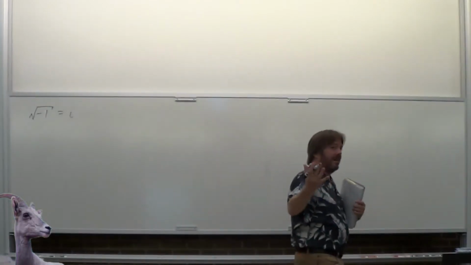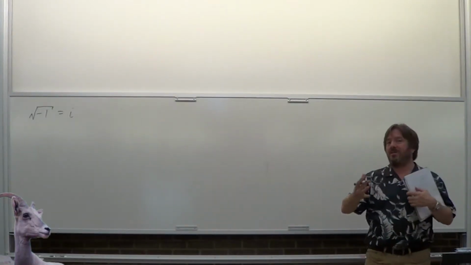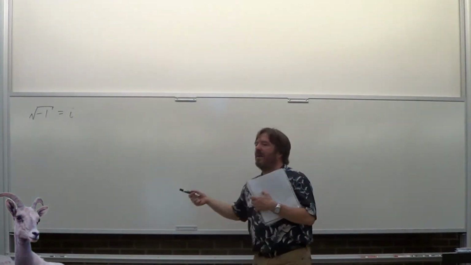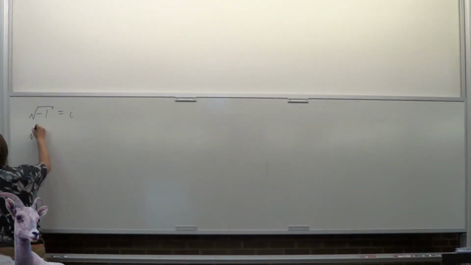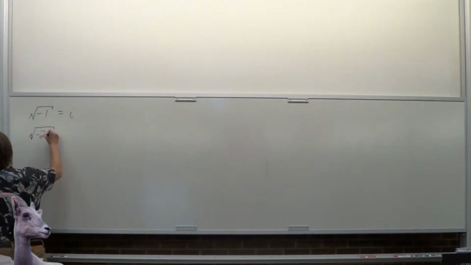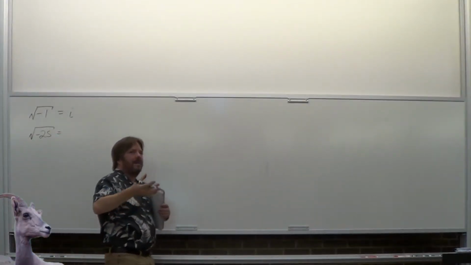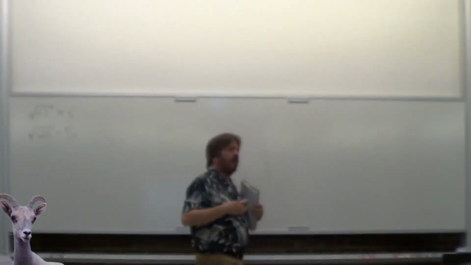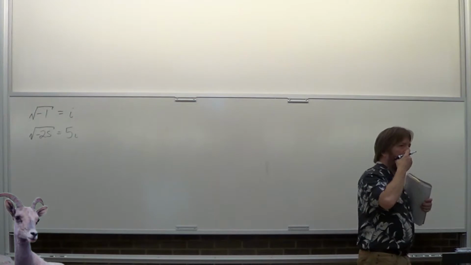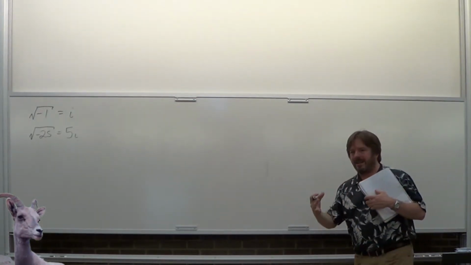You have seen it before because I've had you do some stuff in your homework, but you should have seen this before as well. The square root of -1 is the letter I, right? So the square root of -25 is what? 5 times I. Okay, so I'm hoping that you've all seen imaginary mathematics before, and if not, you've had it on your homework.